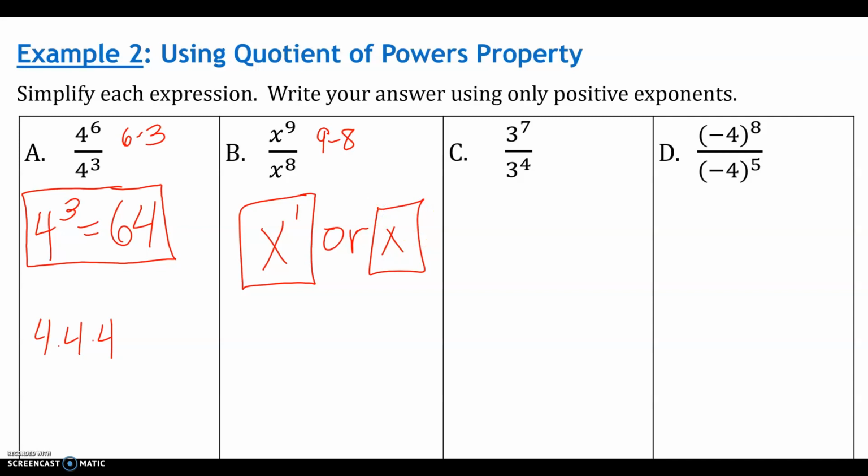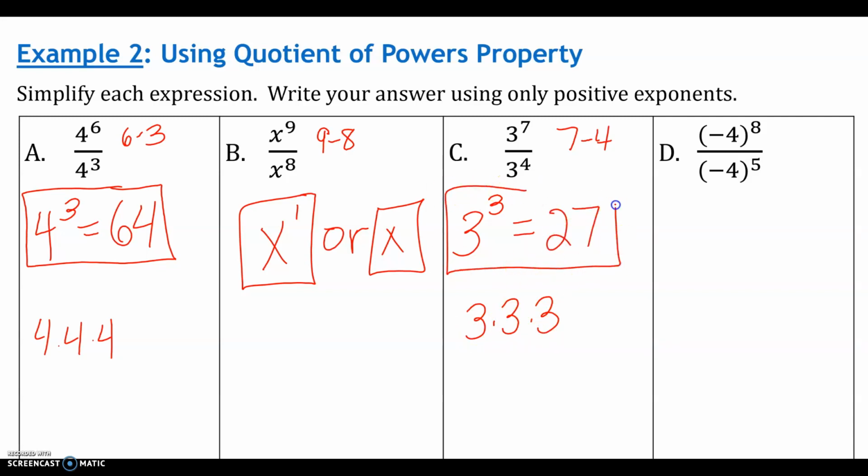Go ahead and look at letter C. The 3s are the same, so we are allowed to use the property. So you got 7 minus 4, which would be 3 cubed. Again, you actually need to do that for me. 3 times 3 times 3, which would be 27. Go ahead and box that. Last one, you've seen parentheses before. So the negative 4s are both the same base. So we're going to do 8 minus 5.